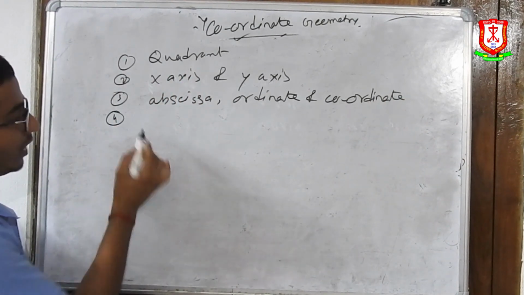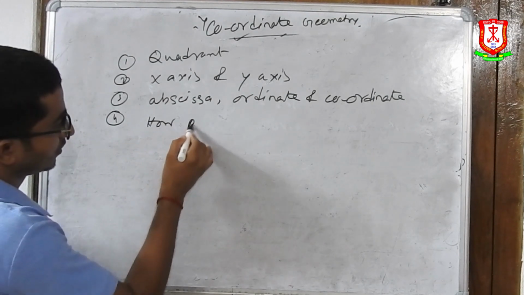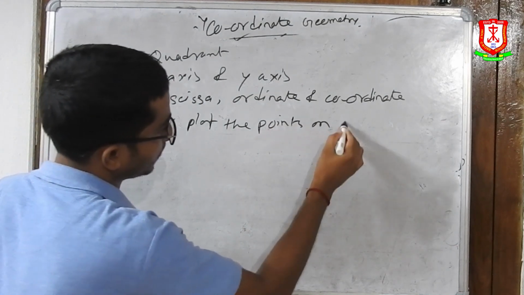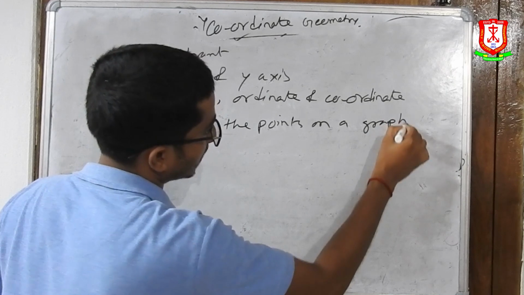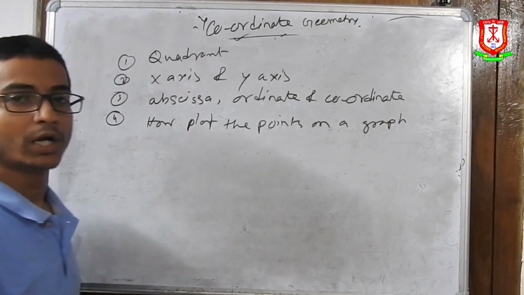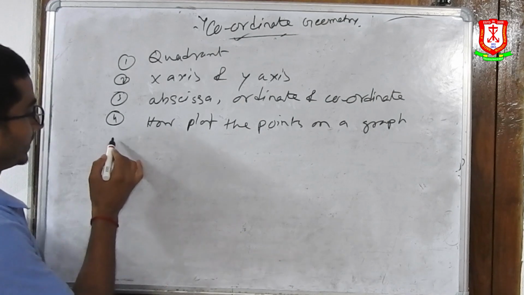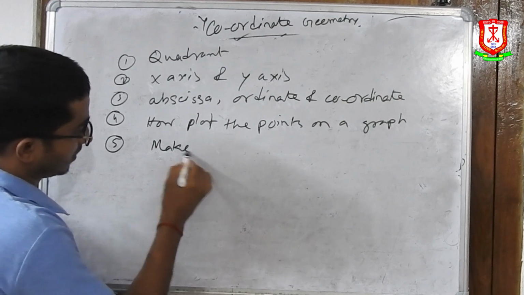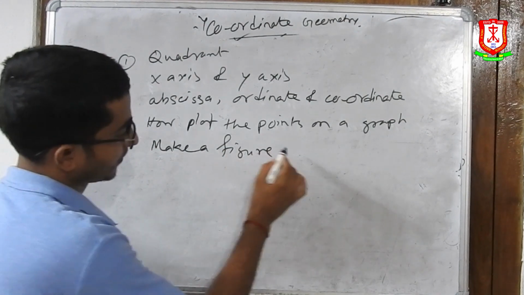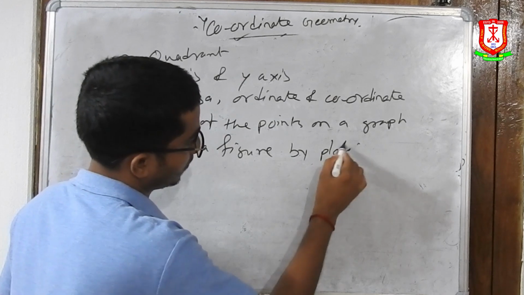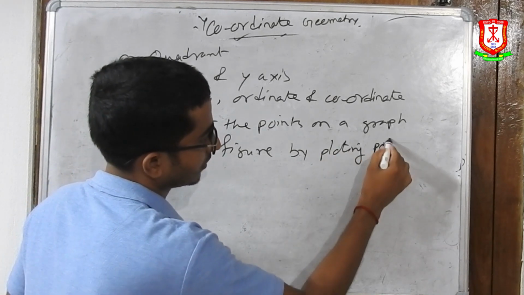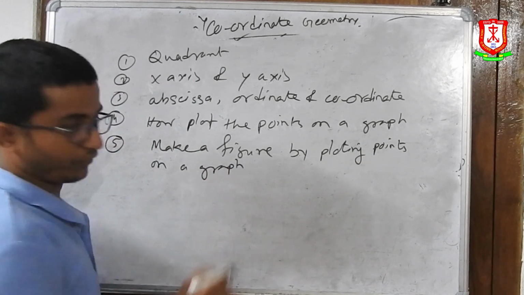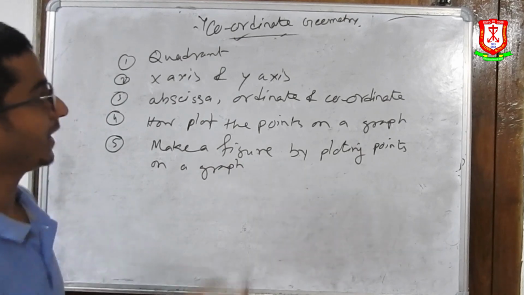Then we learned how to plot points on a graph. Then we learned to make a figure by plotting points on a graph. In this chapter we learned about these points.